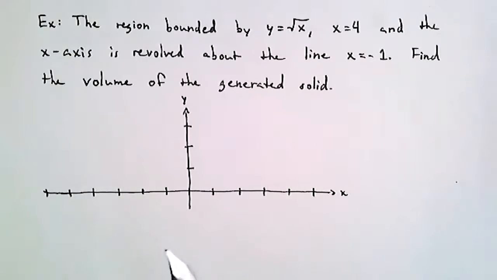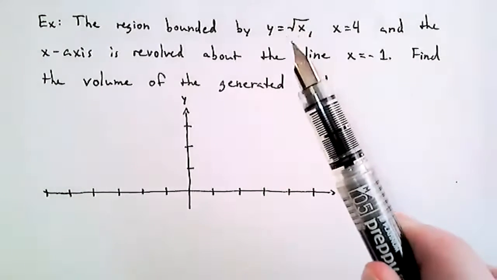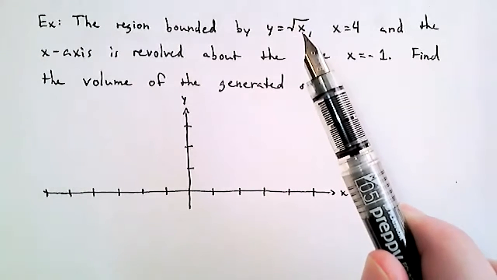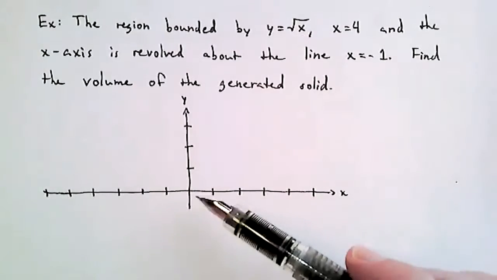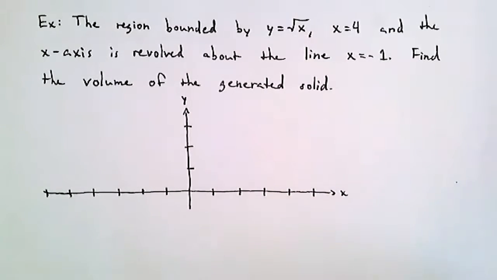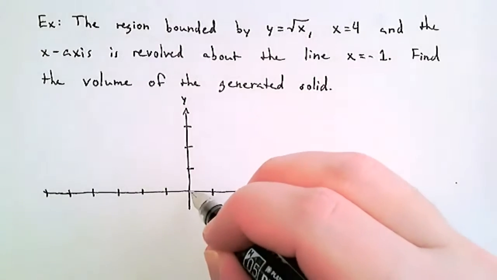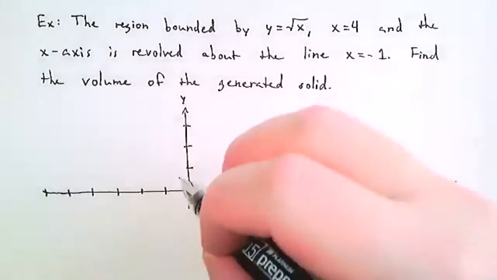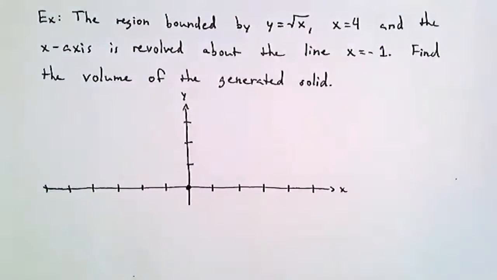So the first step, just like last time, is to start sketching and graphing. And we'll just start with the square root of x. So this looks like a sideways parabola, or the upper half of one. We can plot in a few points to get a rough picture. If you plug in 0, you get 0.